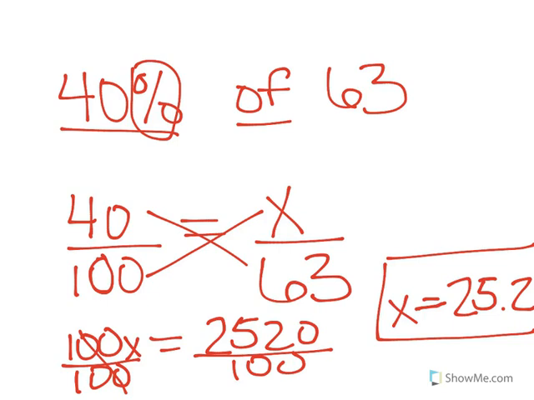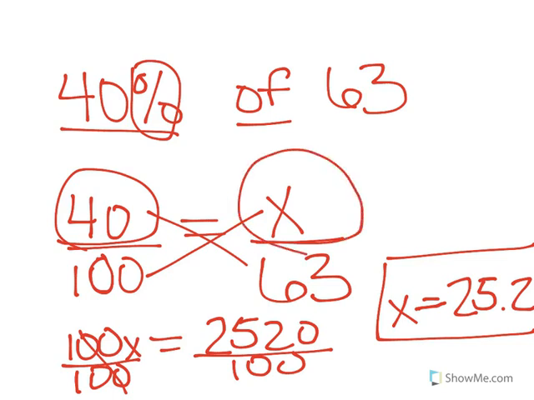Now, we want to check to make sure it seems reasonable. Notice our numerator here, 40, is less than half of 100. So I need to make sure that this is less than half of 63. Half of 63 would be 31 and a half. This is slightly less than 31 and a half, just as 40 is slightly less than 50. So that answer seems reasonable.